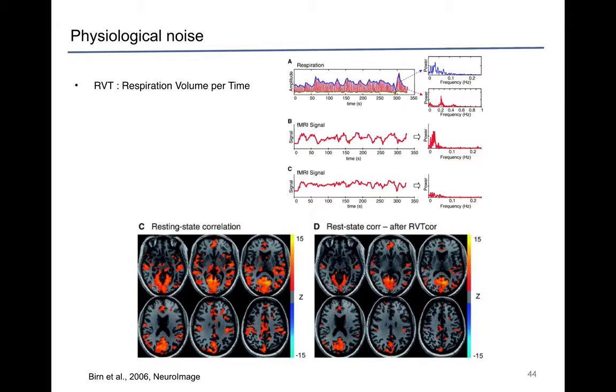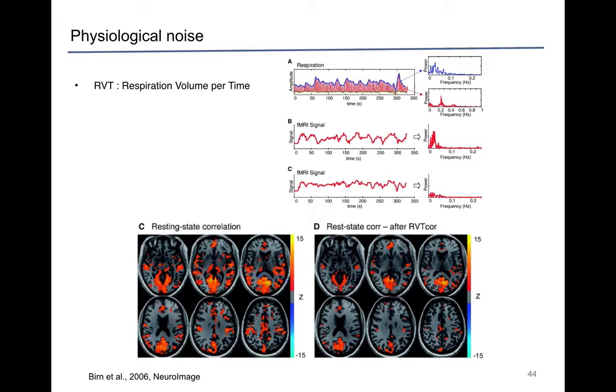The changes in CO2 in the brain were shown to be in the low frequency range, maybe around 0.05 hertz.